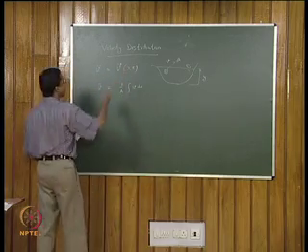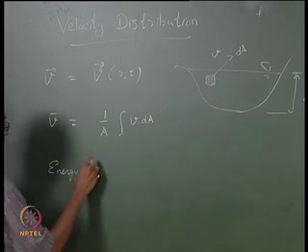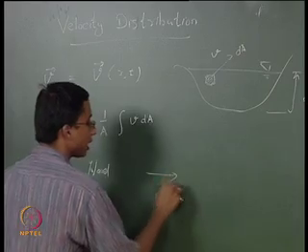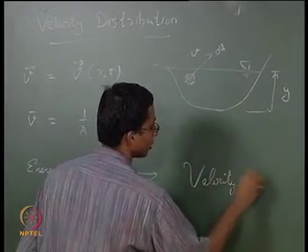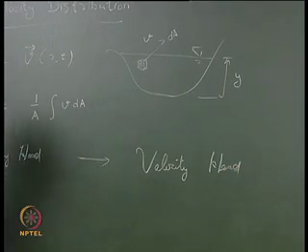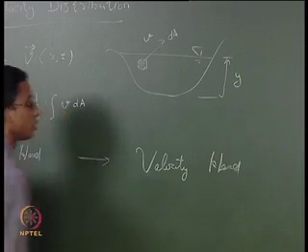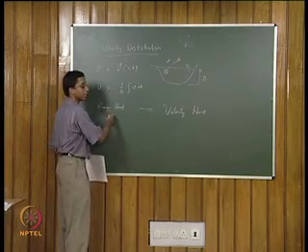Even if you recall your energy head, it had a component called velocity head. It was the summation of pressure head, velocity head and datum head. So, the velocity head is a part of the energy head.